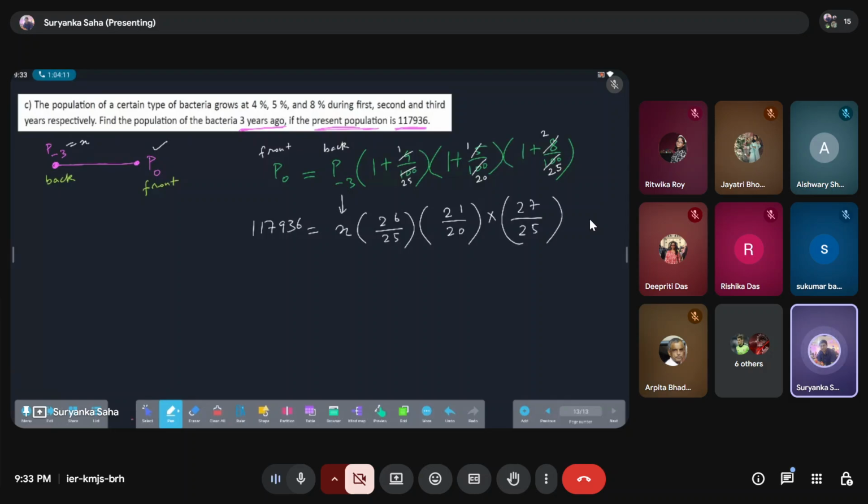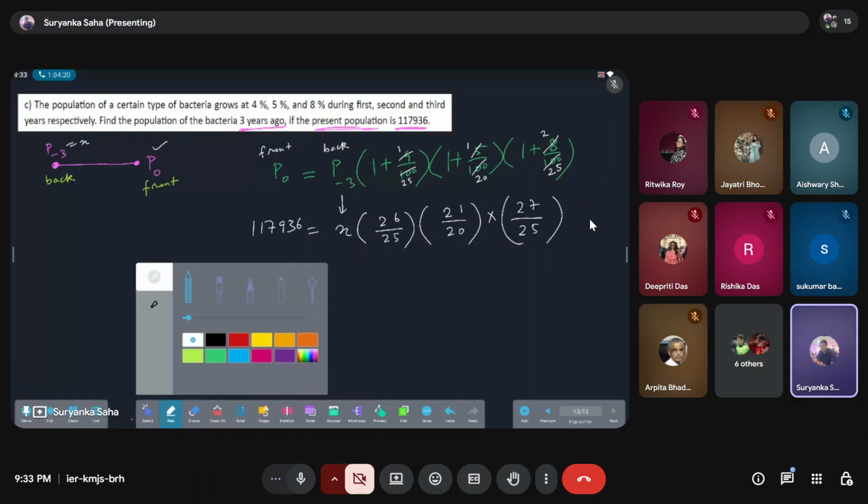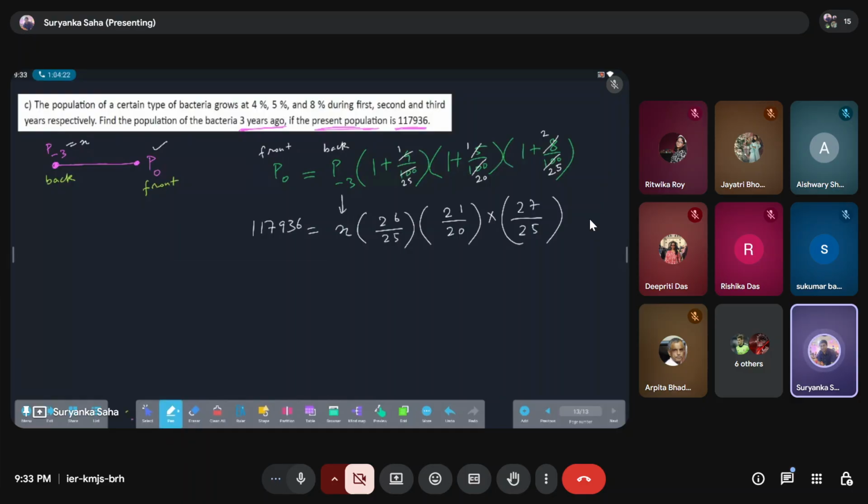Okay, so X. Let me take a big gap over here so that the calculation fits. You need some big calculation, I mean cutting, so let me keep space for it. So X will be how much? This will be multiplied by all the denominators.